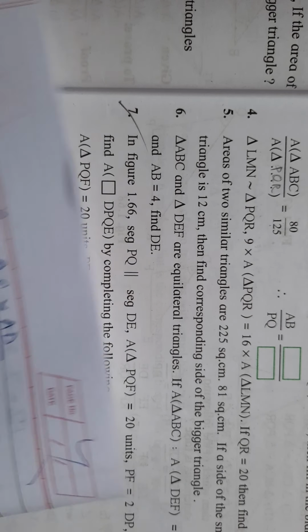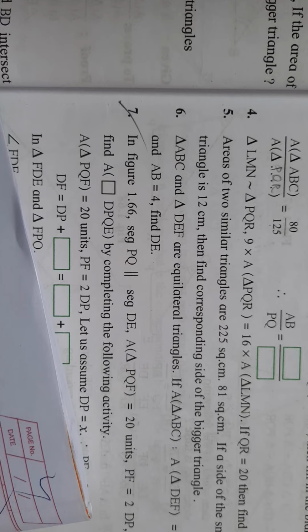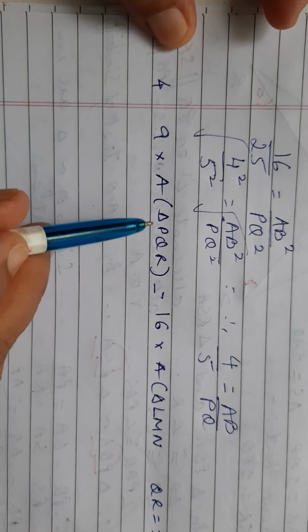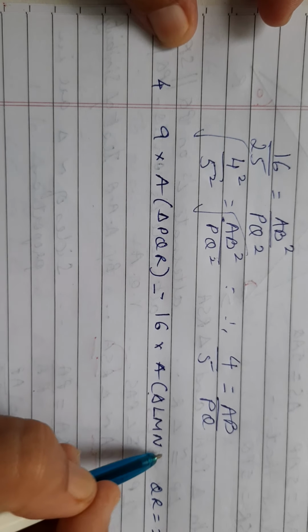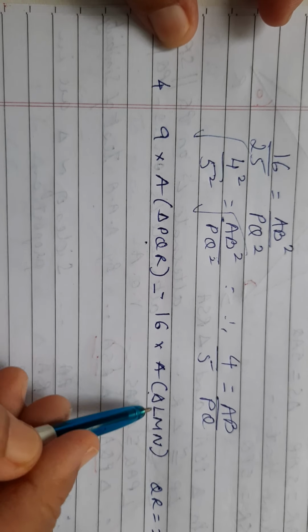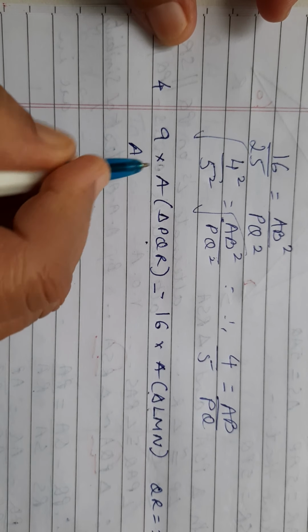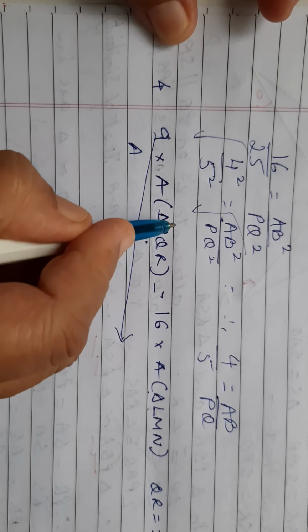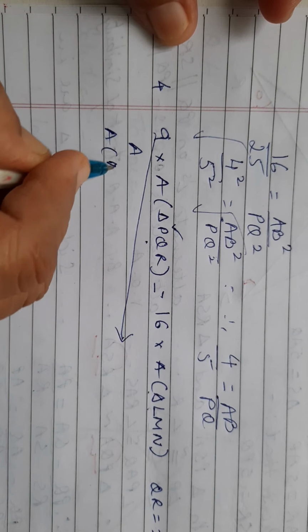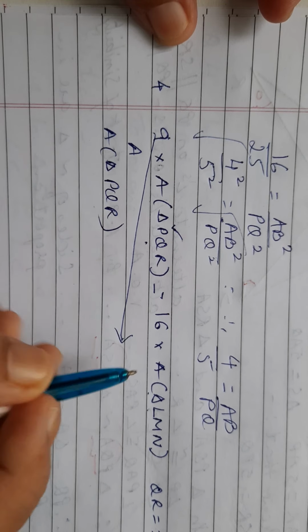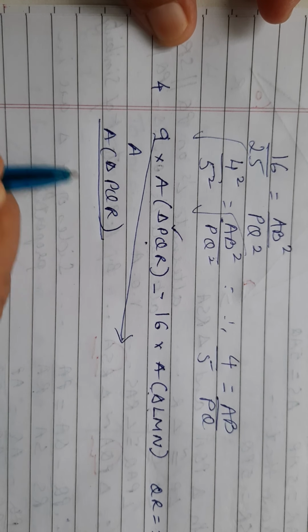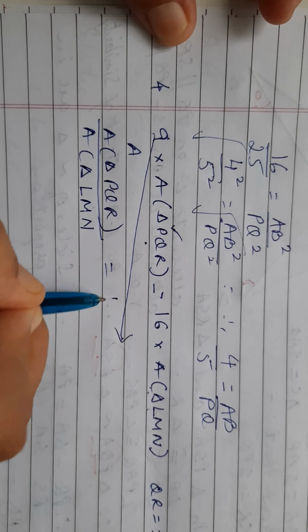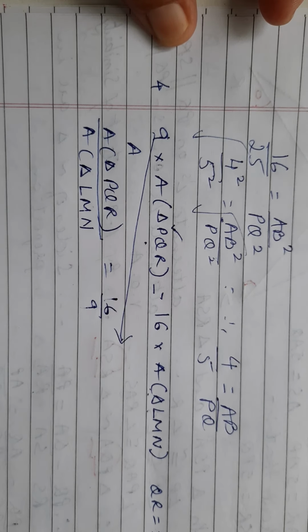We have to find out MN, and QR is given as 20. So either we bring this here, or we can bring it here. We keep the ratio of area of triangle PQR below the ratio, and bring the ratio of area of triangle LMN, equal to 16 upon 9.